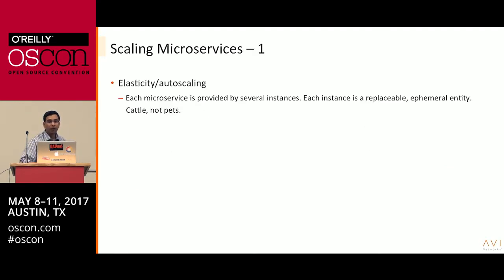Now, the first aspect of being able to scale this is that each instance of a microservice is ephemeral. It is replaceable. It's treated as cattle, not as pets. And even if it is stateful, then it is transactional.